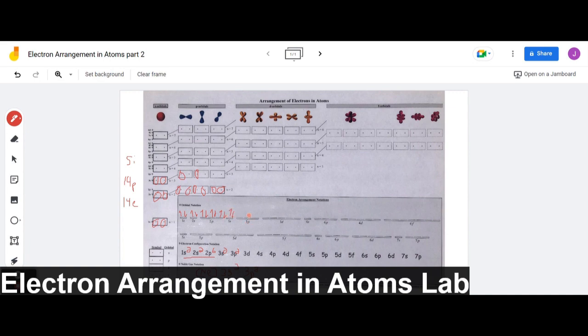And then for the last sublevel, the 3p sublevel, the 2 arrows should be on different blanks. There's a third blank that doesn't have anything in it, but the other 2 blanks each have 1 electron. Go ahead and take a screenshot. Okay, I'm going to clear the frame.